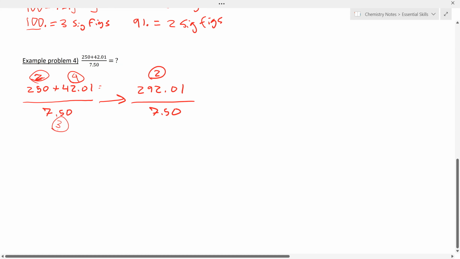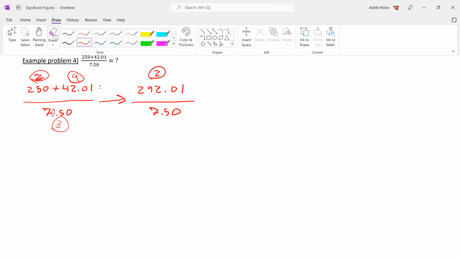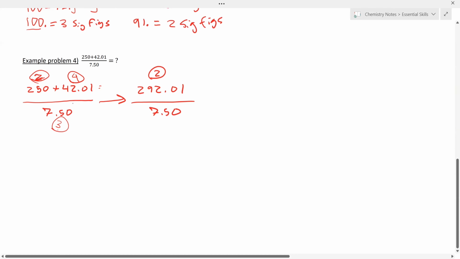That 0 is a trailing 0 that comes after the decimal, and a trailing 0 after the decimal becomes significant. That's just another rule. So this is 3 sig figs, and we put that here.